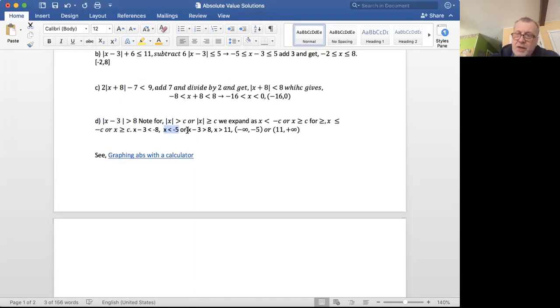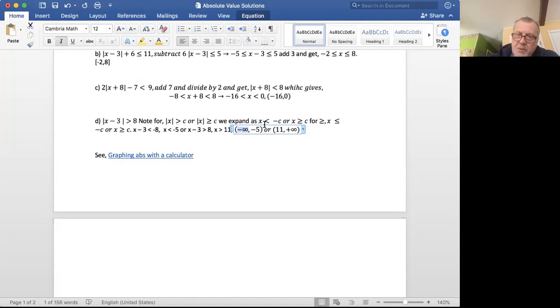So how does this work? Less than minus 5 means we go forever to the left up to minus 5, but don't include minus 5. Forever to the left, if we recall, is that negative infinity idea. So we can never be at negative infinity, so we have a parenthesis, open at minus infinity all the way up to minus 5, where it's open there because it's a less than.